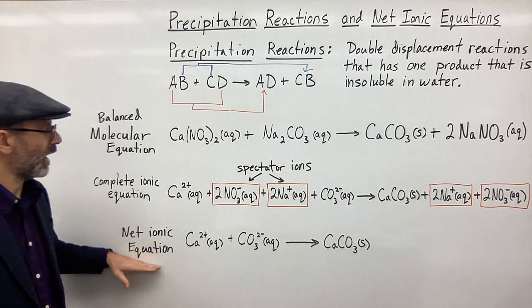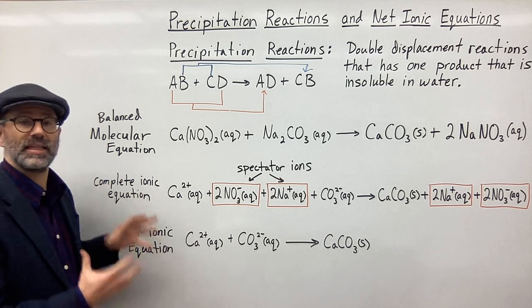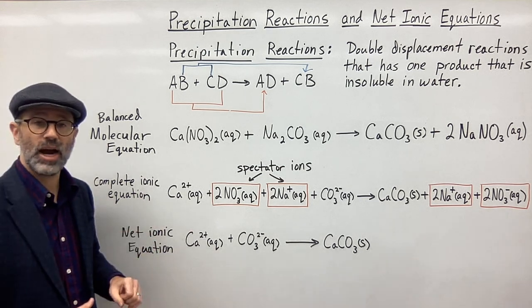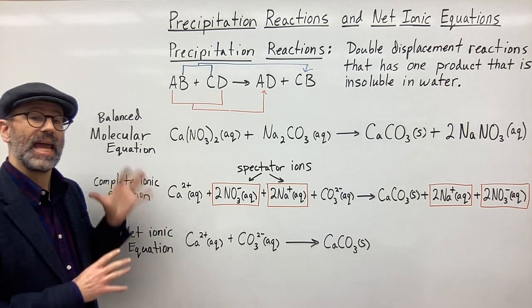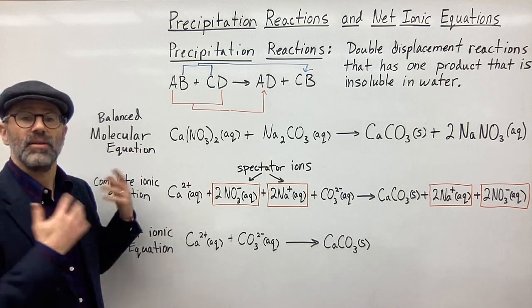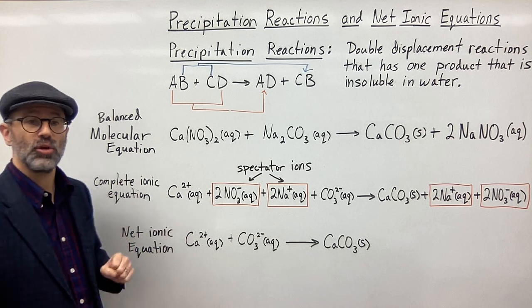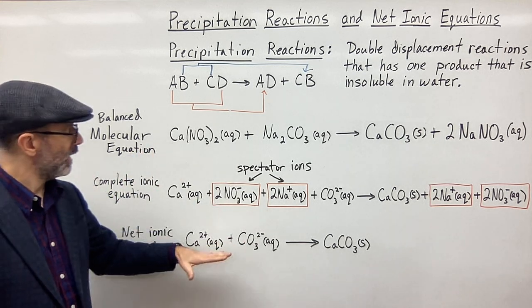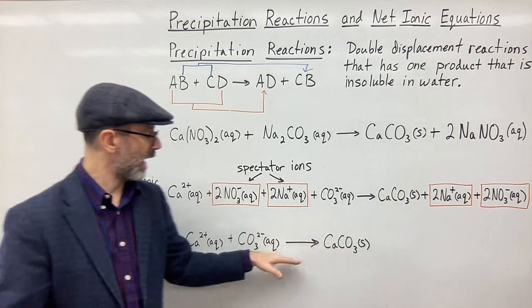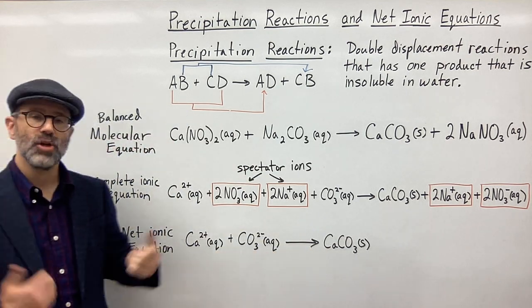And then your net ionic equation is where everything stays except for the spectator ions. So spectator ions that aren't doing anything, they stay aqueous on both sides. They're going to be removed. They're not really part of the reaction. So you remove them, and what's left is the reaction. So I hope that's helpful.